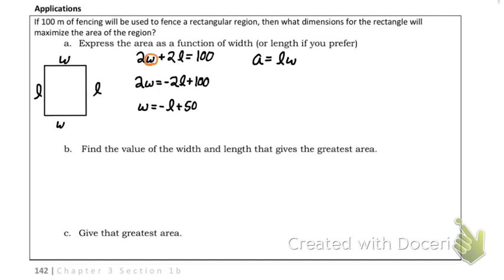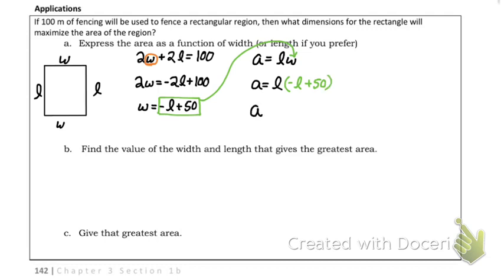And like I said, our whole goal of doing this is to take the fact that W equals this and plug it in there. Then I'm going to get rid of the W. I will just have L's in that equation. So that's going to look like area equals L times, and we're substituting that W with negative L plus 50.